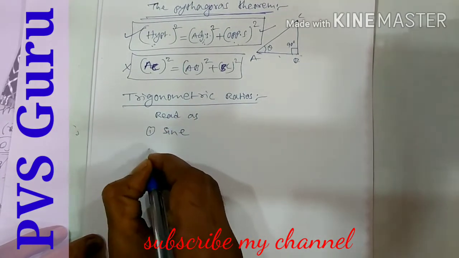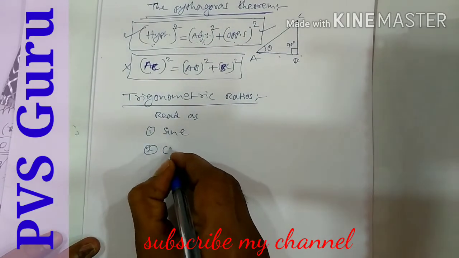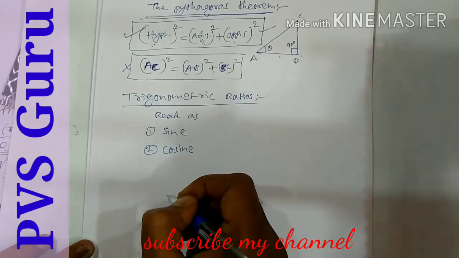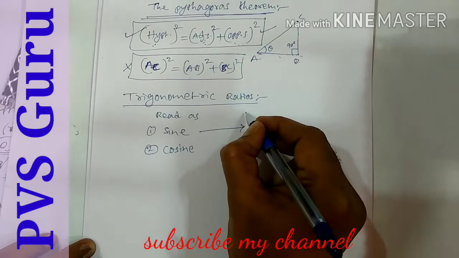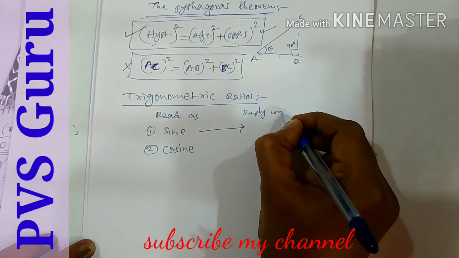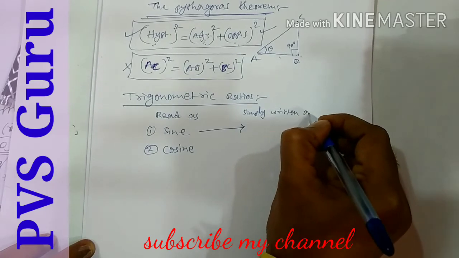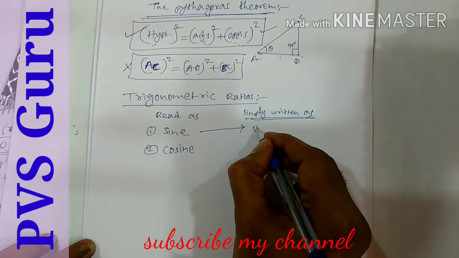sine, number 1. Number 2, cosine. You write it simply as sin but read it as sine.